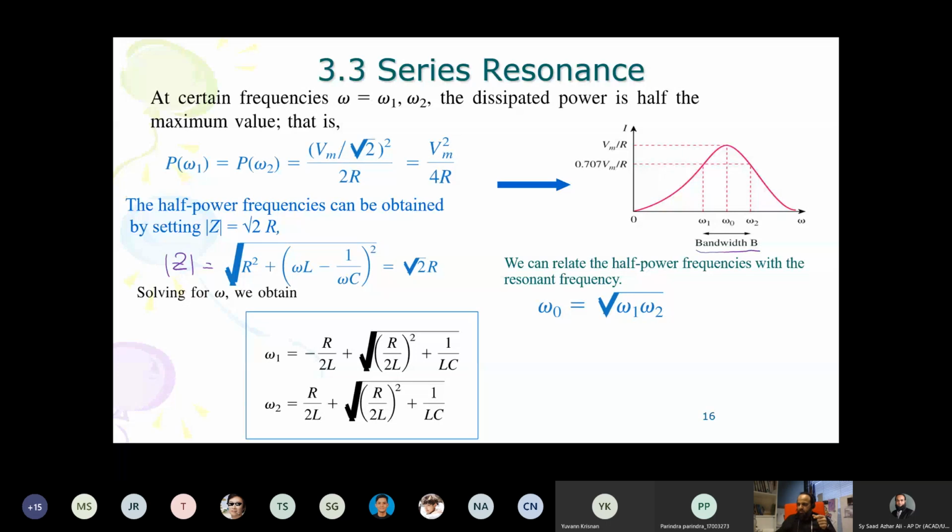Just like in this particular thing, it is also having some frequency. And when we talk about bandwidth, we see what is the range of that. So in this case, it will be like omega 2 minus omega 1. And which is what we'll see next: the bandwidth is, in this case, omega 2 minus omega 1.